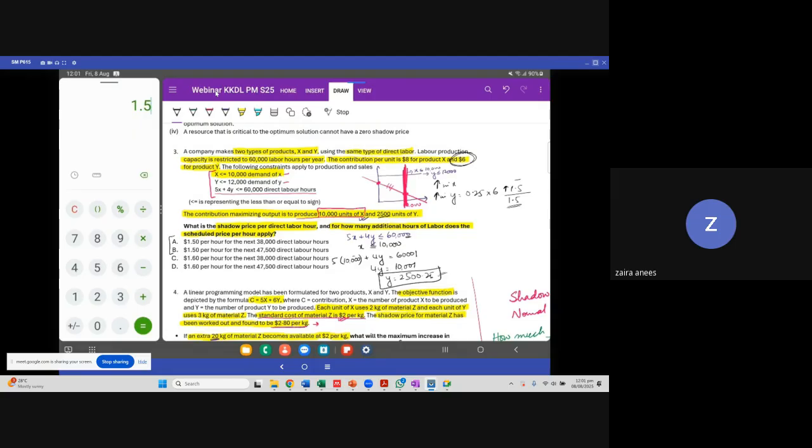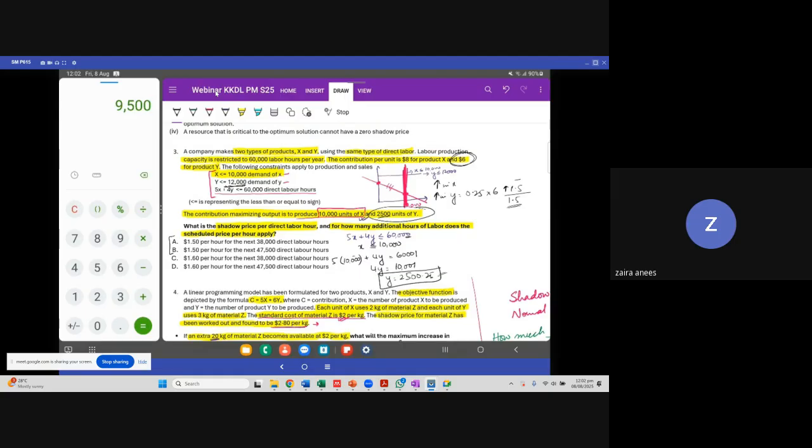So whatever labor hours will be available, we will use those labor hours for the manufacturing of Y, right? So how many units of Y we have manufactured already? 2,500. How many we have to manufacture? 12,000. So 12,000 minus 2,500, that means if we get labor, we can manufacture 9,500 units of Y.